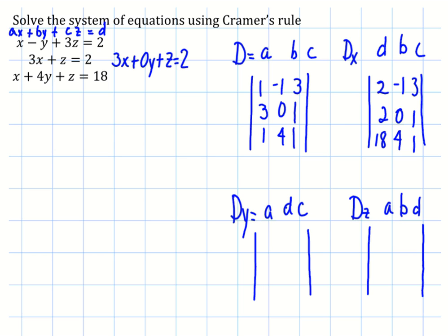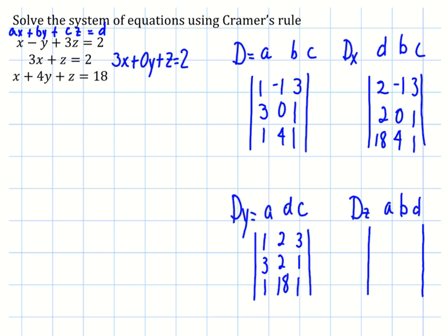DY, ADC, we have all my A's, 1, 3, 1, D, 2, 2, 18, and C, 3, 1, 1.